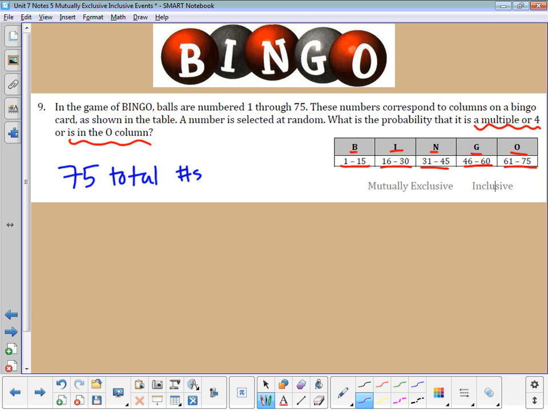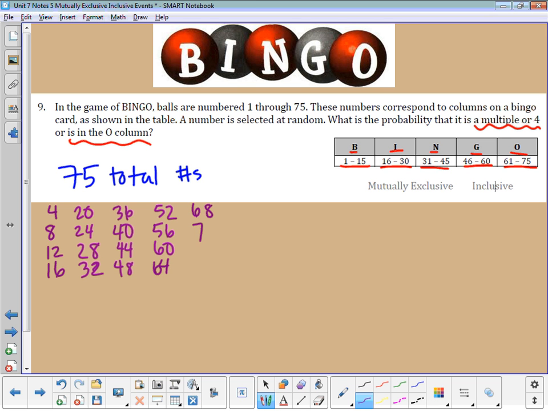Well, if I start with number 1 and I go through my multiples of 4, that means I'm looking at 4, 8, 12, 16, 20, 24, 28, 32, 36, 40, 44, 48, 52, 56, 60, 64, 68, and 72.